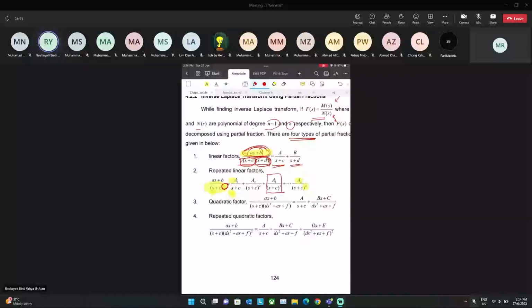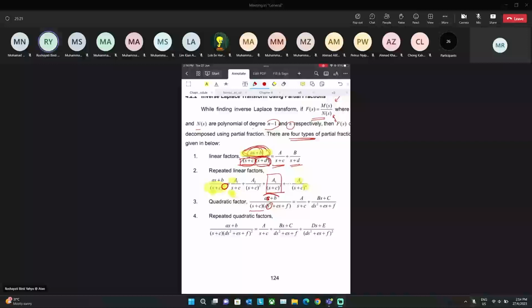The third one is quadratic factor. So quadratic is in the form of as plus b over as plus c, and then you have squared, for the s.